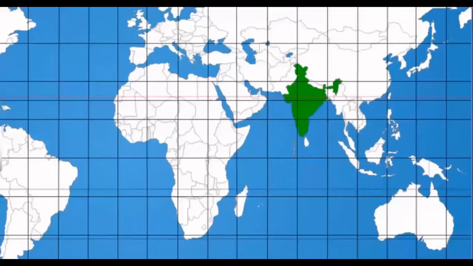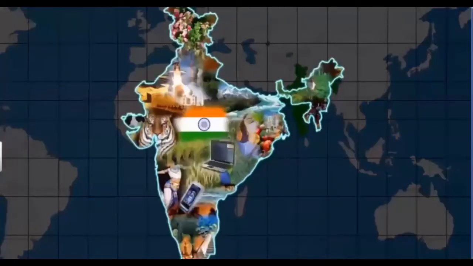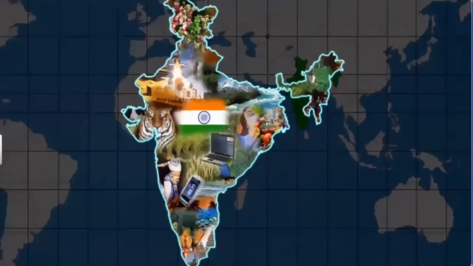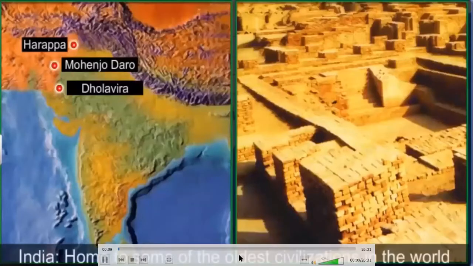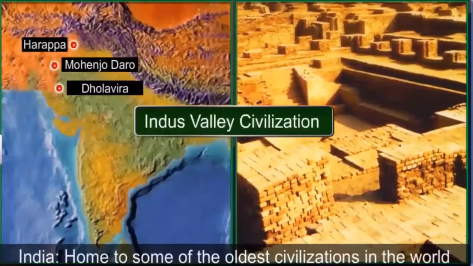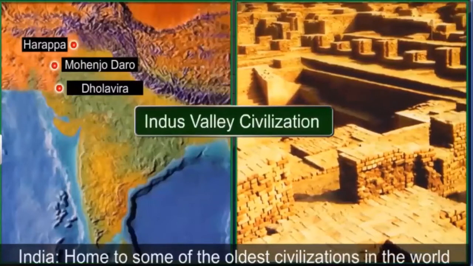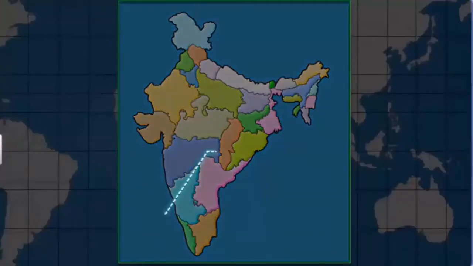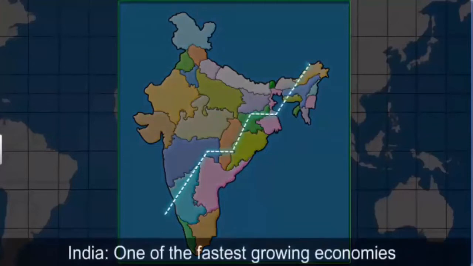Known for its rich commercial and cultural heritage, India has been home to some of the oldest civilizations in the world, such as the Indus Valley Civilization. The last 5 decades have seen India evolving from its culturally rich image to one of the fastest growing economies of the world.